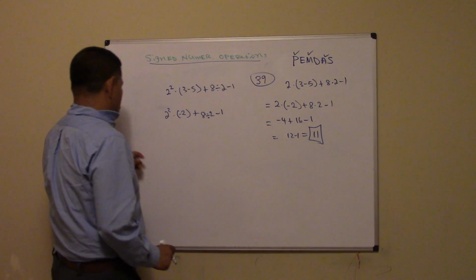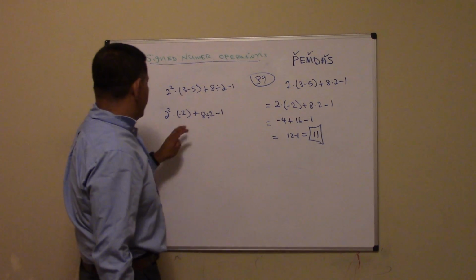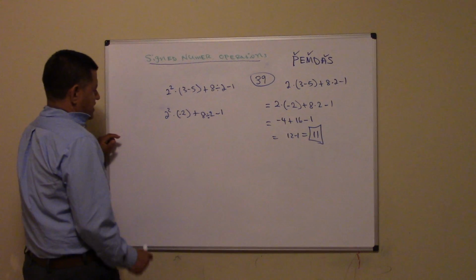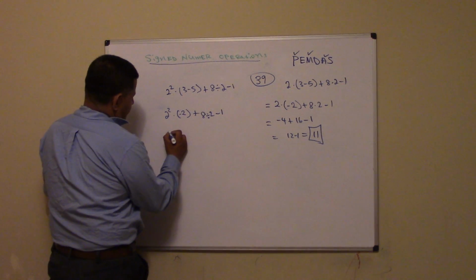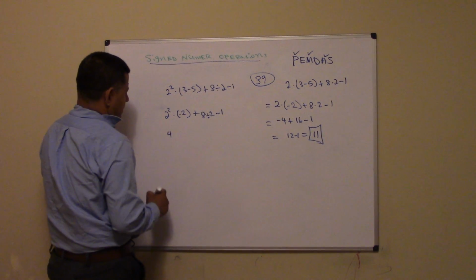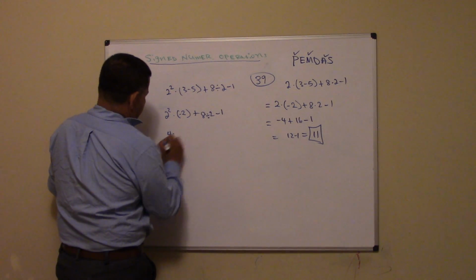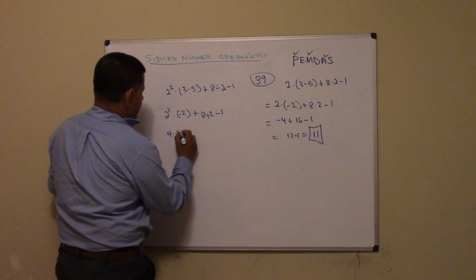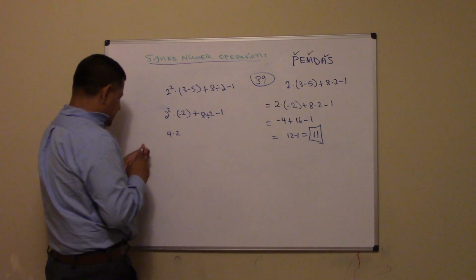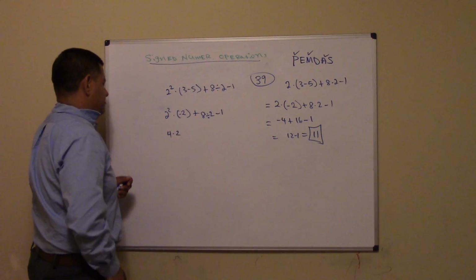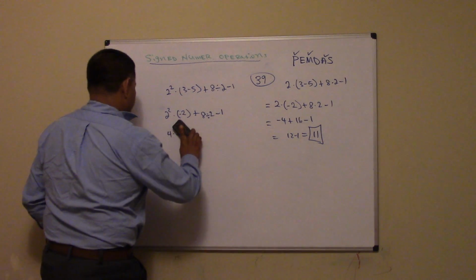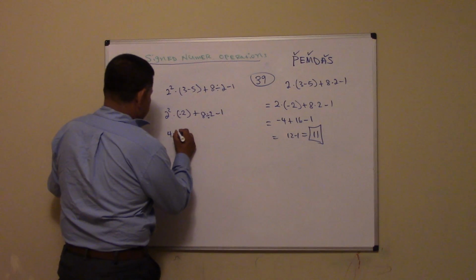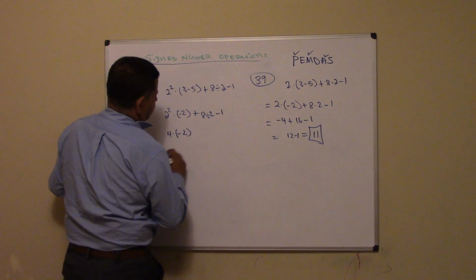Okay, so what is the next step? I already did the parentheses. Now I gotta do the exponent, right? So the next step is to do the exponent, which is going to be 4, right? 4 times negative 2. Remember that this is negative 2, so I gotta put this parenthesis in there just to make sure that I have the negative 2, right?